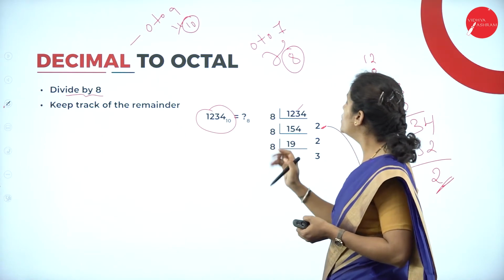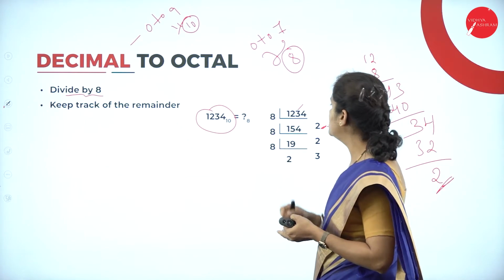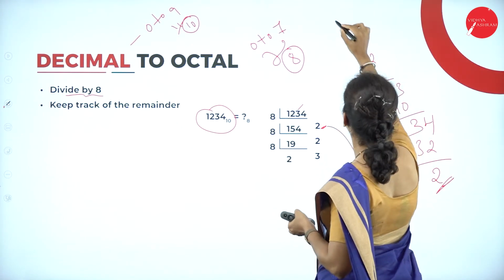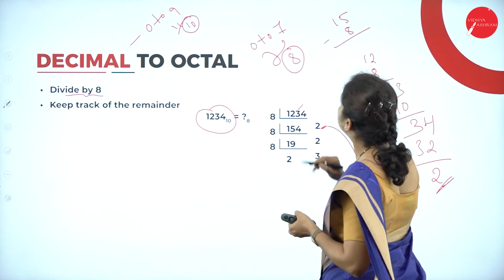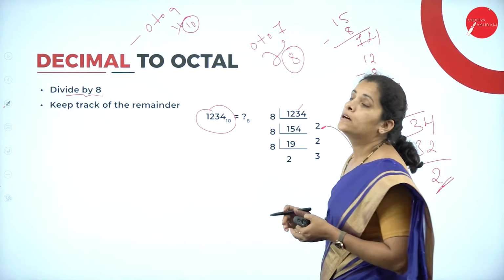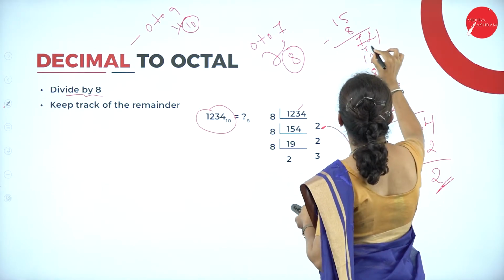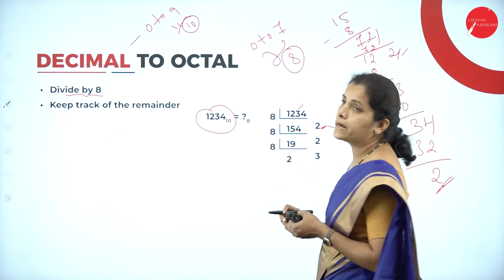Once again, I'm going to divide 154 by 8. That is 8 ones are 8. 15 minus 8, how much? 7. So 8 9s are 72. 74 minus 72, it is 2. What is my remainder?